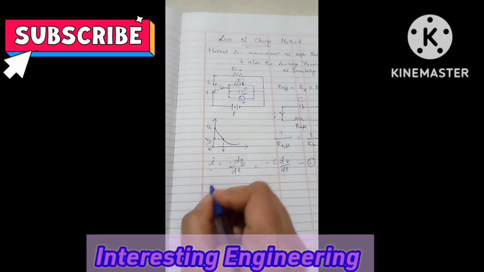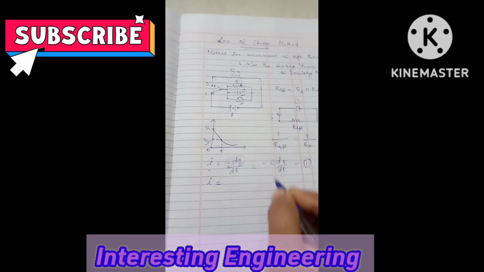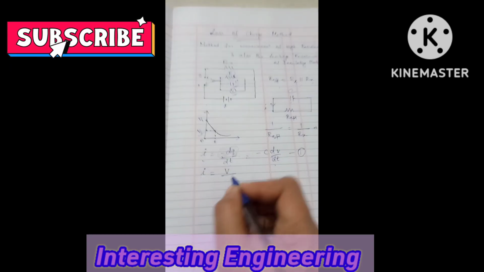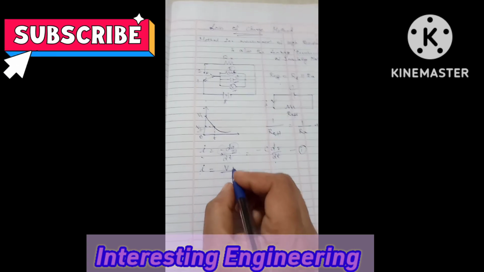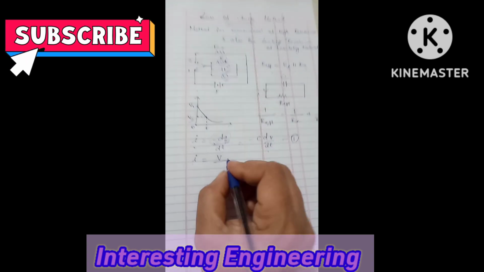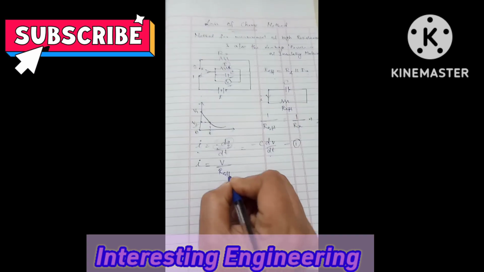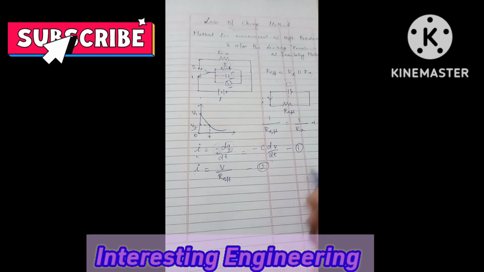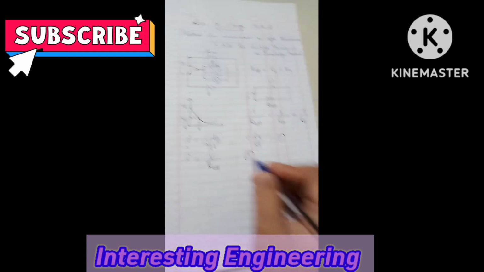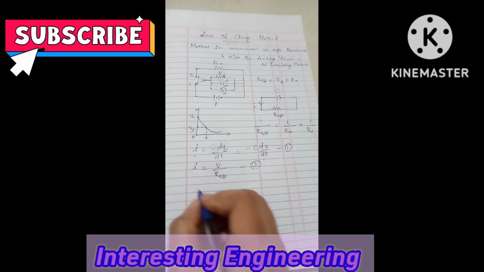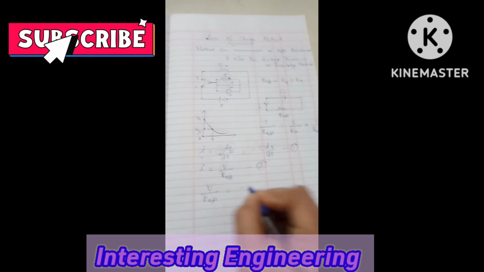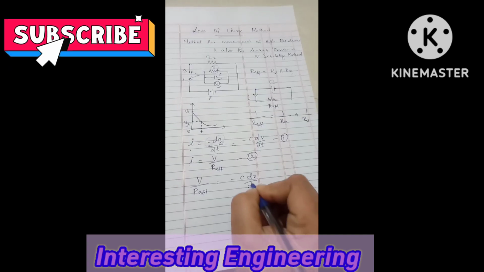And remember, current will be the ratio between voltage and the resistance. So what's the resistance here? It's nothing but R effective. Let's consider this as equation number 2. When we equate these two equations, we get V by R effective equal to minus C dV by dt.